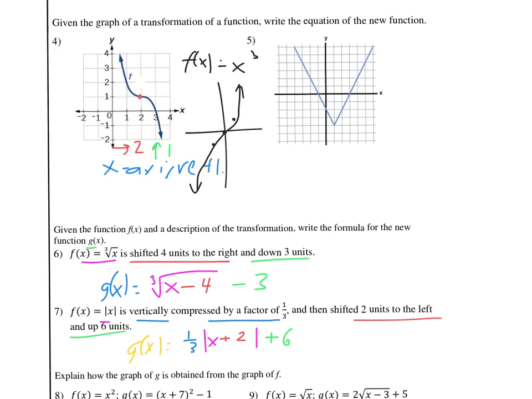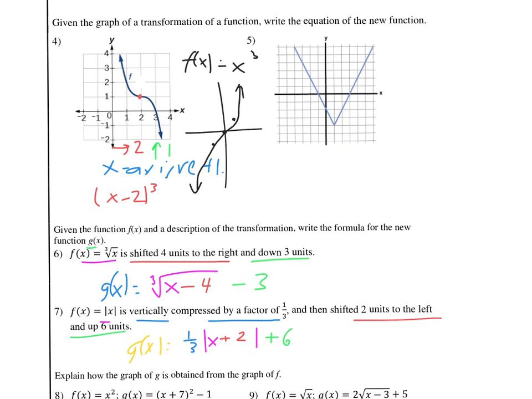And so we're going to go ahead and write our function then. Since we went to the right 2, I need to go x plus 2 in parentheses before I go to the third power. Oh, I messed that up. Sorry. It's opposite of what you would think. It would be x minus 2 to the third power to move it to the right.